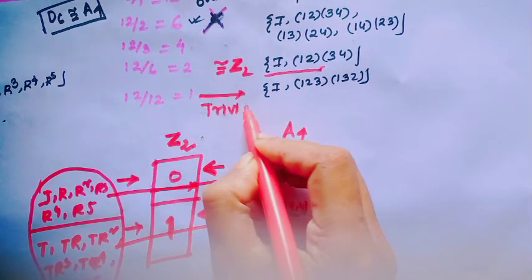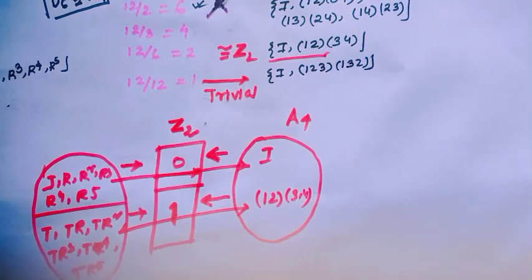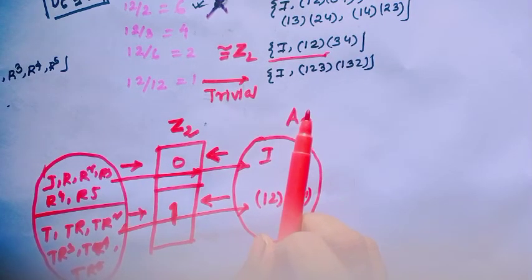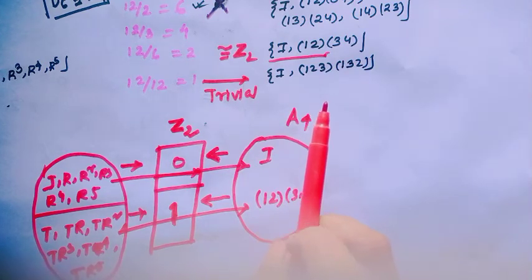Here all the elements of the kernel map to identity. Are you getting?